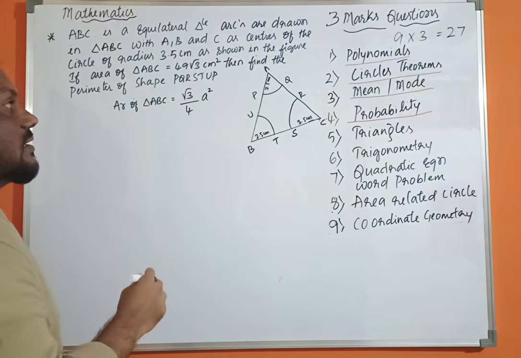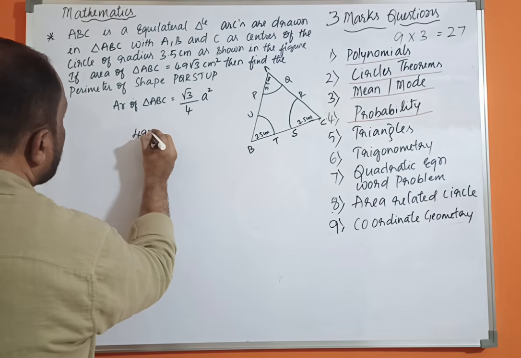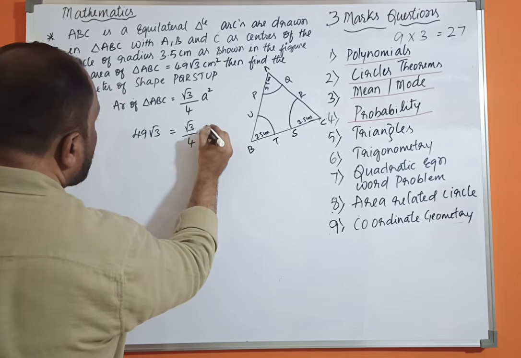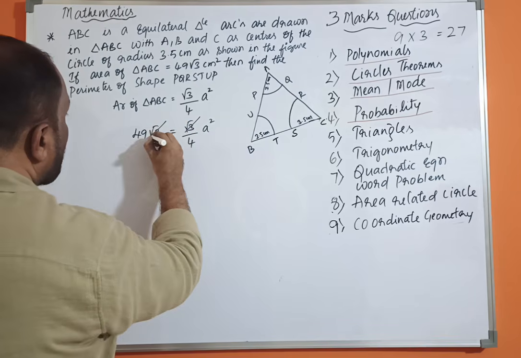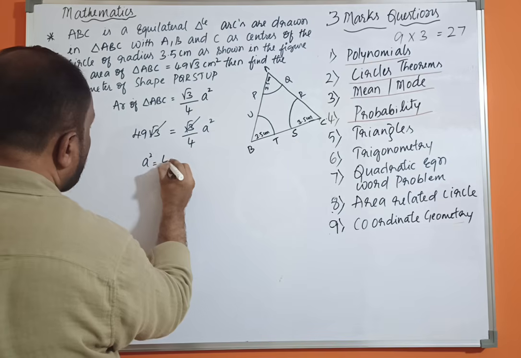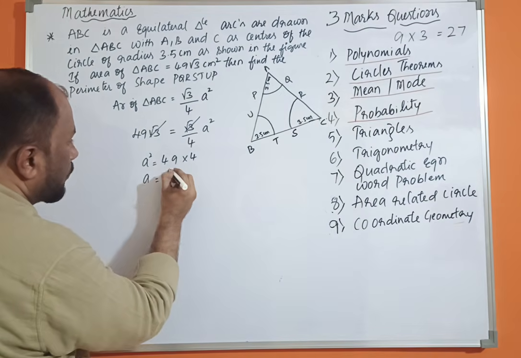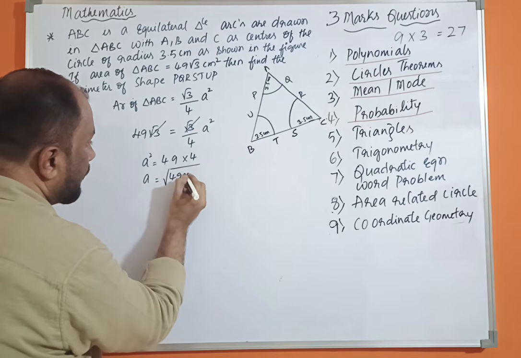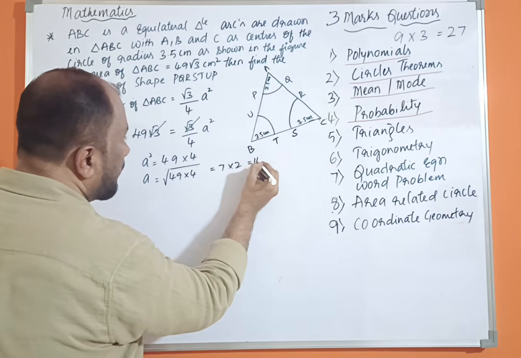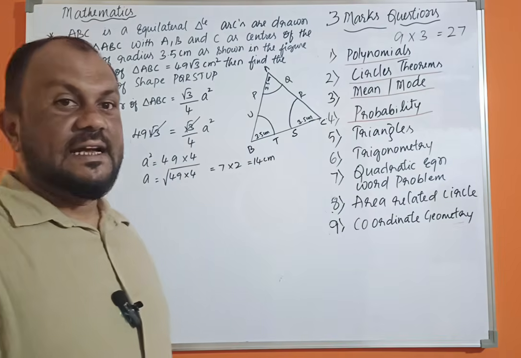So 49 root 3 is equal to root 3 by 4 a square. Root 3 on both sides cancels. So now a square is equal to 49 into 4. The square root of 49 is 7, the square root of 4 is 2. So the value of a is 14 centimeter. The side is 14 centimeter.